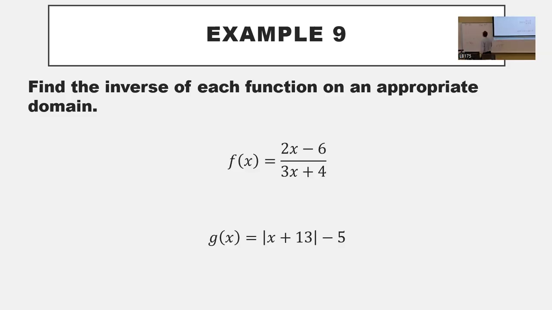This one, I'll just go through the process. f of x is equal to a fraction whose numerator is 2x minus 6 divided by 3x plus 4. So here we have 2 x's in there. That's the trick. And then g of x is equal to the absolute value of x plus 13, and then minus 5.